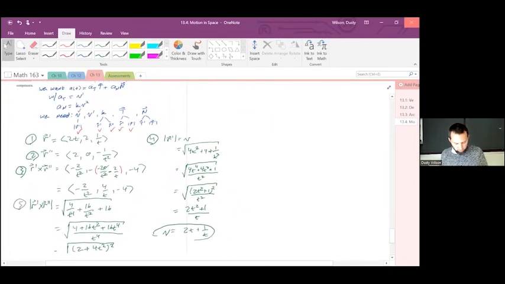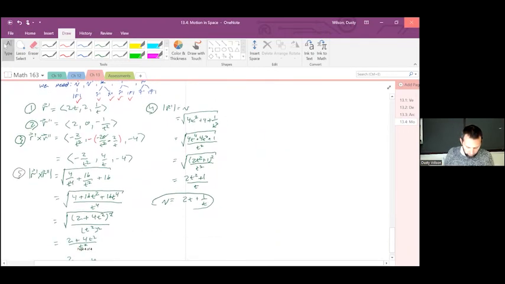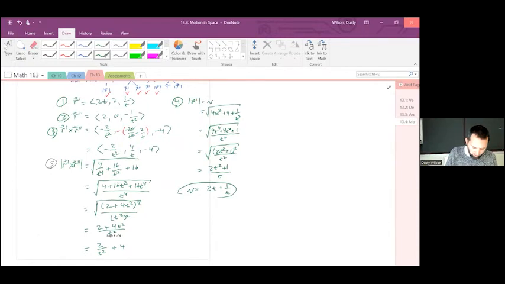So our curvature, this is number 6, is going to equal the magnitude of r prime cross r double prime. So this will be 2 over t squared plus 4, all divided by the magnitude of r prime, which is, let's see, 2t plus 1 over t quantity cubed.